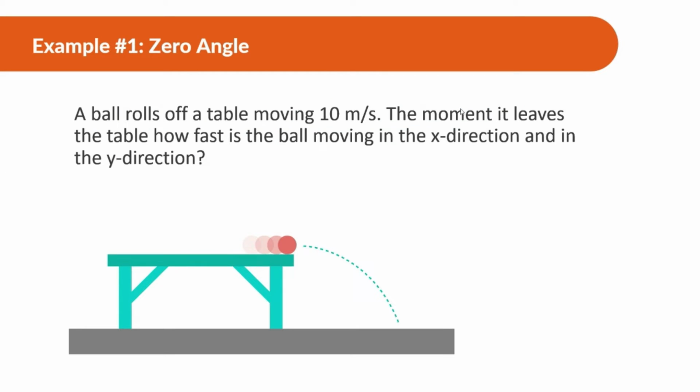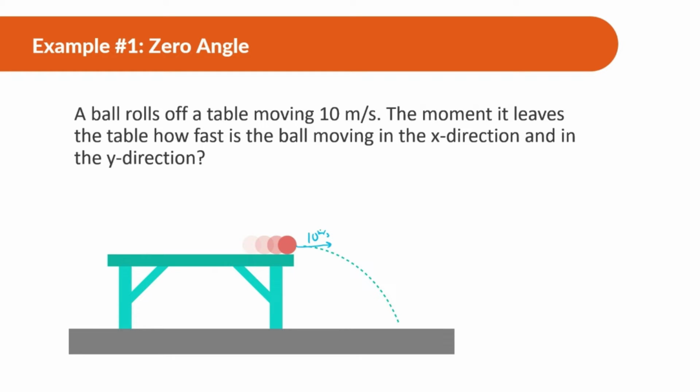A ball rolls off a table moving 10 meters per second. The moment it leaves the table, how fast is it moving in the x direction and in the y direction? So this ball is going to be rolling off. Oops, that's looking like it's going at an angle, and this is 0 angle, so let's change that. This ball is going to be rolling off, going 10 meters per second.